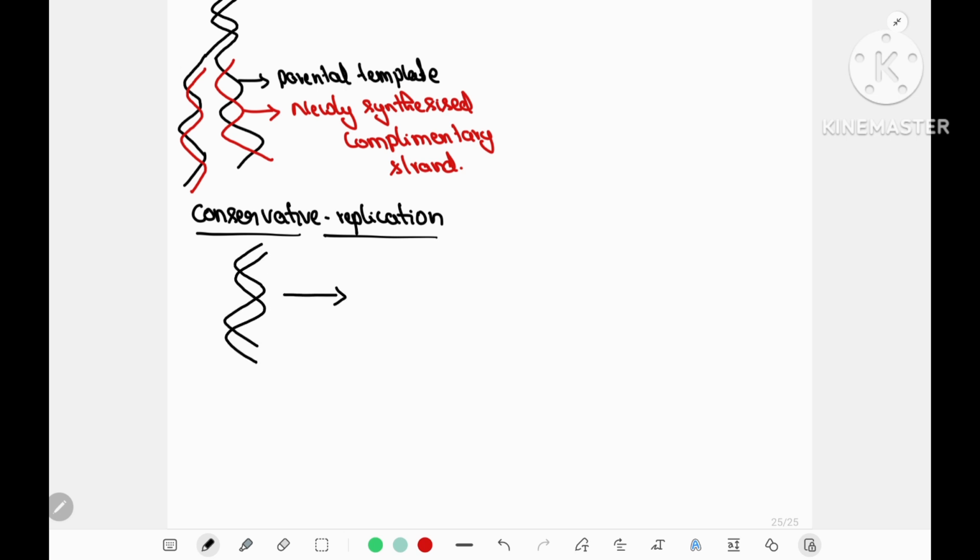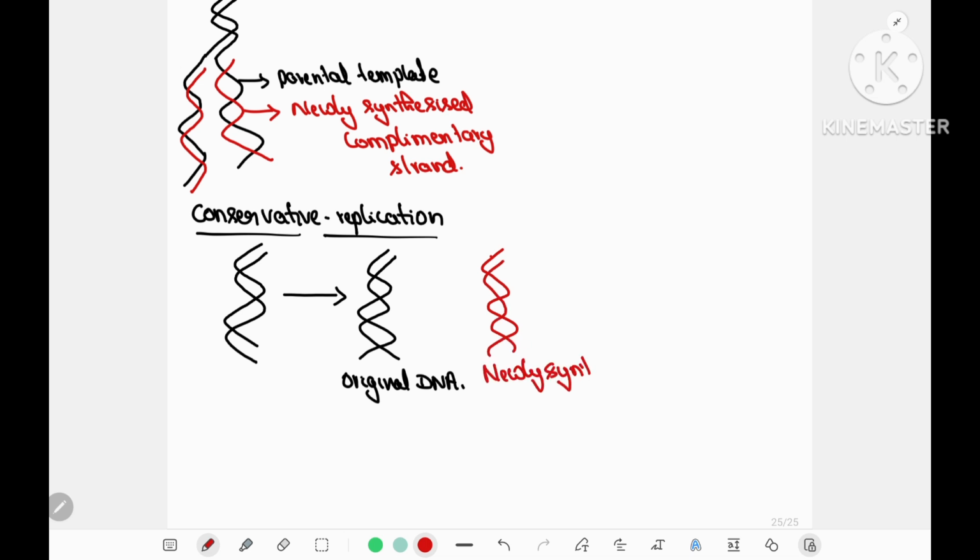You remember that was proposed by Watson and Crick. There were two other methods of DNA replication proposed by other scientists. One of them is conservative DNA replication. It states that during replication, two DNA molecules are synthesized, and one of them resembles the original DNA, while the other is synthesized completely new. But this was not accepted because there was not enough experimental proof.